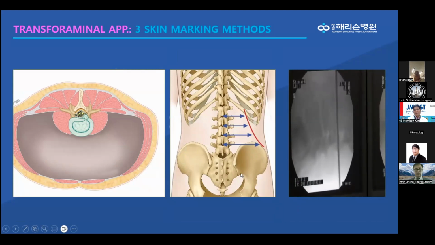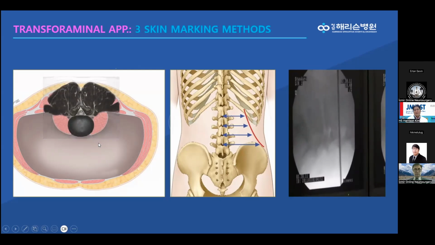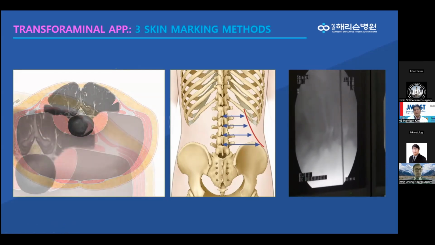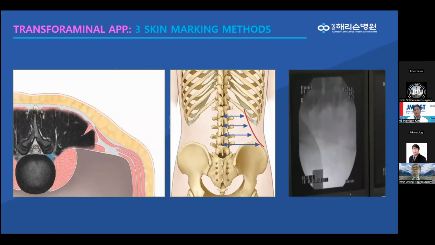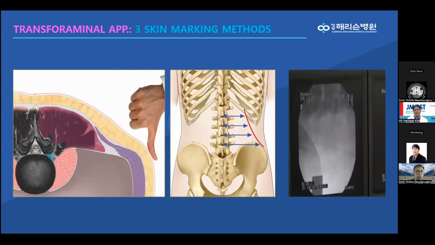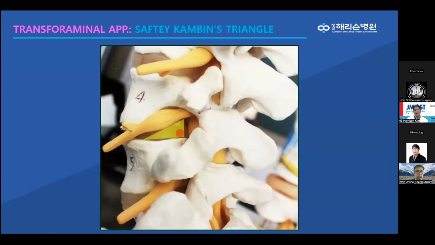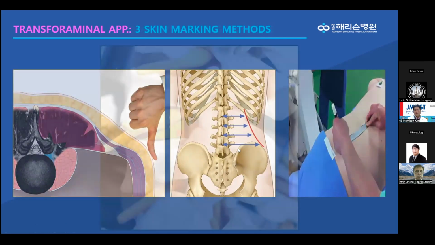You can see here like this. Firstly checking the back muscle and then the abdominal muscle, then insert through this area.